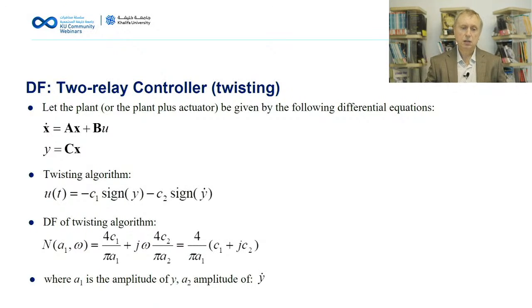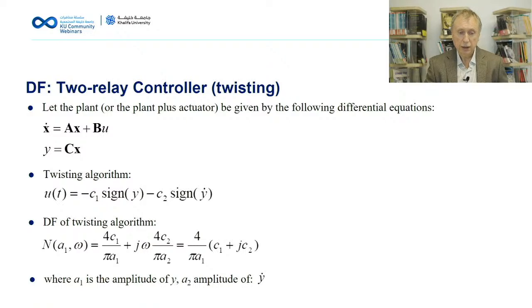Describing function analysis can also be used, and is very convenient, for analysis of high-order sliding mode control too. For example, if we consider two-relay controller or the twisting algorithm, so if we talk about sliding mode control, I should probably talk about twisting, because two-relay control is a kind of extension to the twisting algorithm.